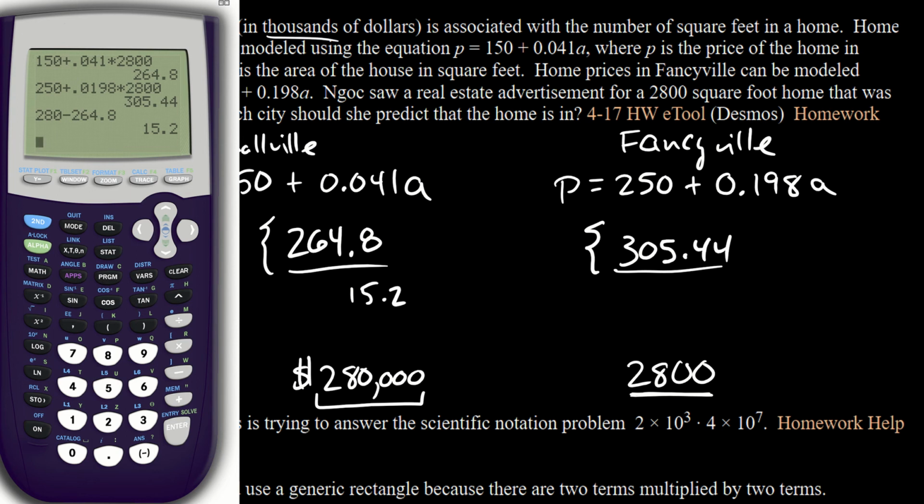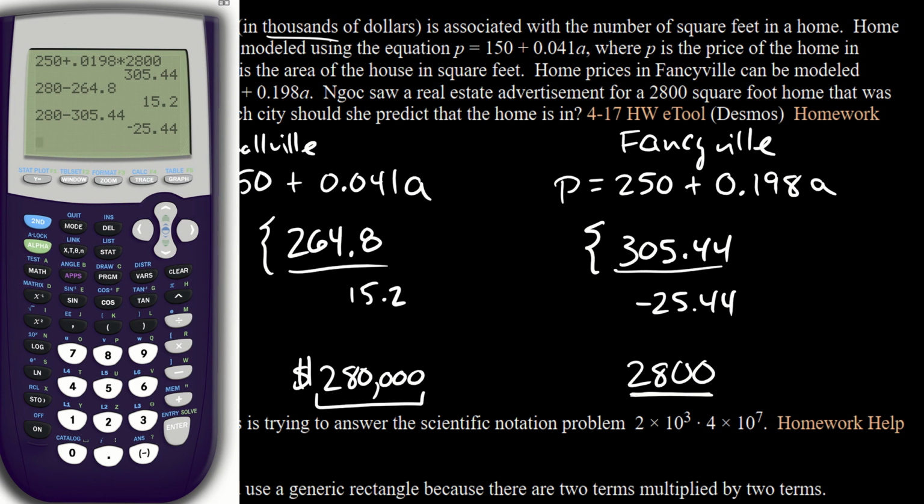Okay, so for the other one, the actual was 280,000 minus the predicted of 305.44. So this is below it. So this one's residual is negative 25.44.